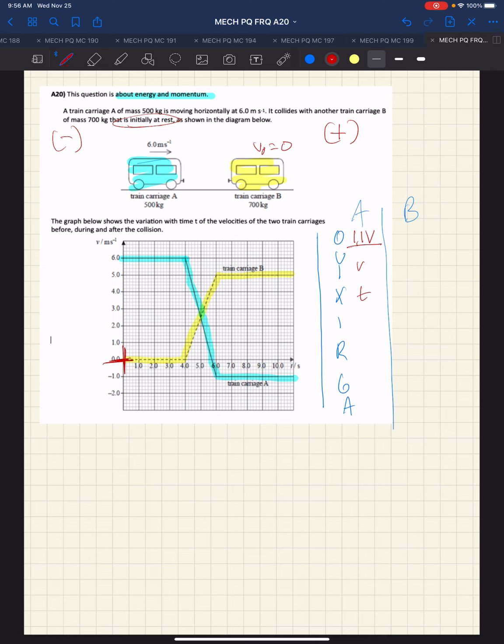For the A car, we do have a y-intercept, and the y-intercept is 6.0, and that's the V0. And there is an x-intercept, which looks like about 5.7 seconds. So the y was 6, and that's the V0, and our x is 5.7 seconds, where it becomes 0.